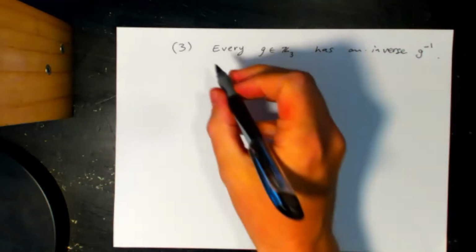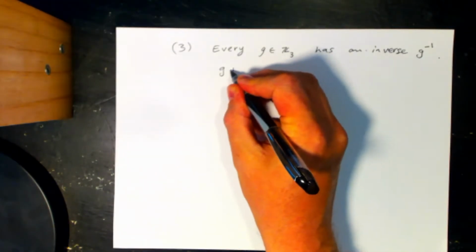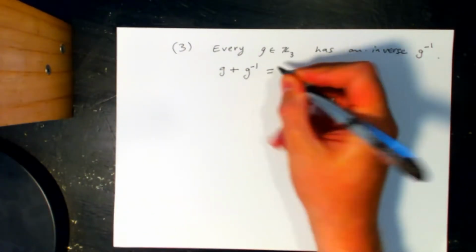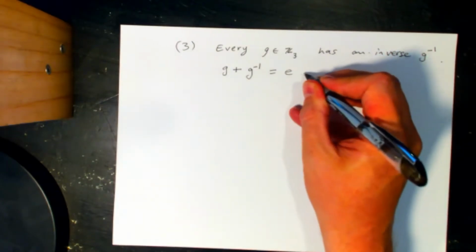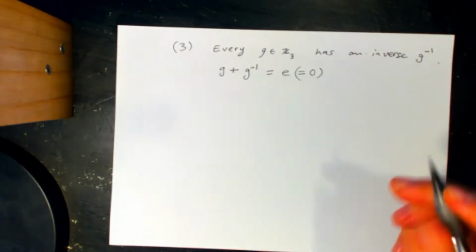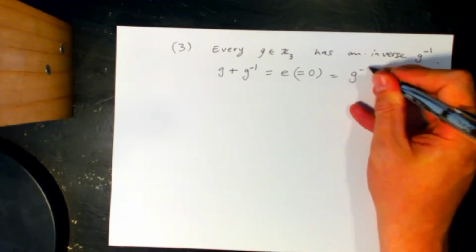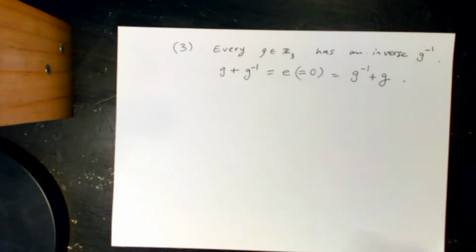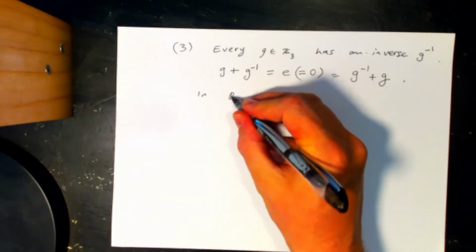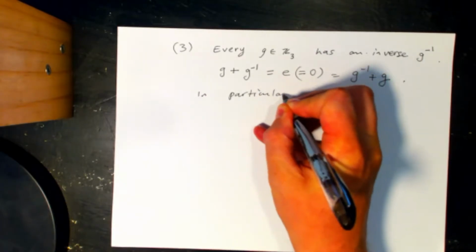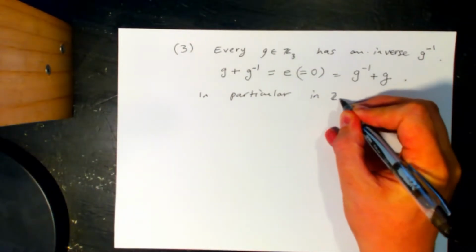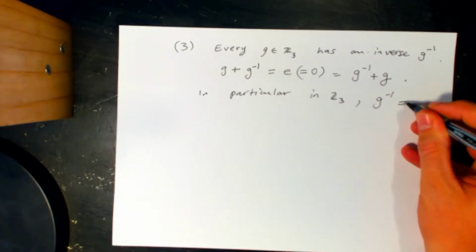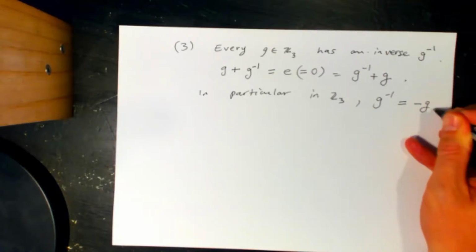Okay, and that's such that g, in this case the operation being addition, g plus g inverse equals our identity e, which in this case is 0, and it's the same the other way around. Okay, now in particular, in this set, g inverse is defined as minus g.